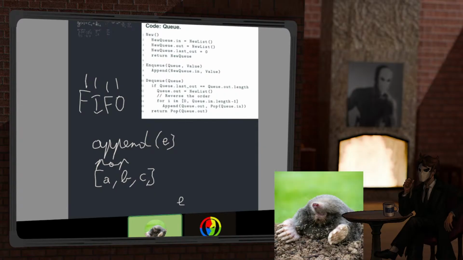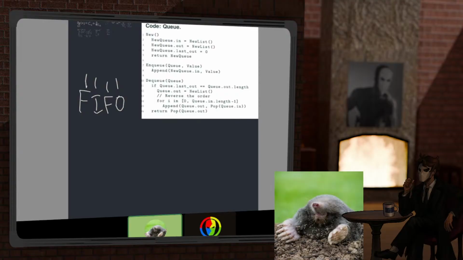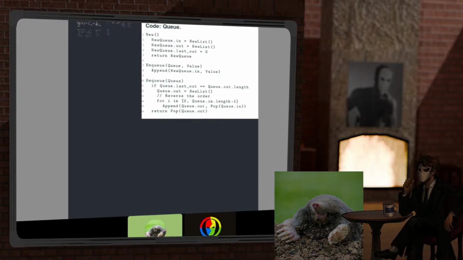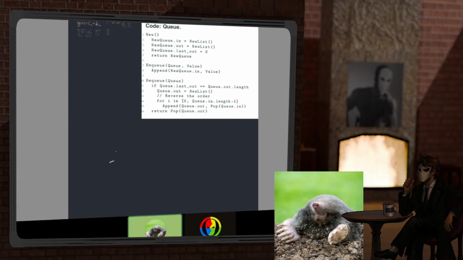So, now that we have all our tools, how is this FIFO queue working? Essentially, we have our inputs and our outputs.